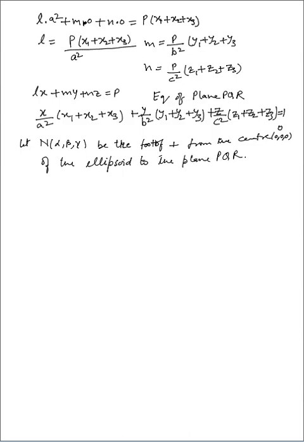Then let P be the length ON, where 0 0 0 is one point and alpha, beta, gamma is another, so this is the length.